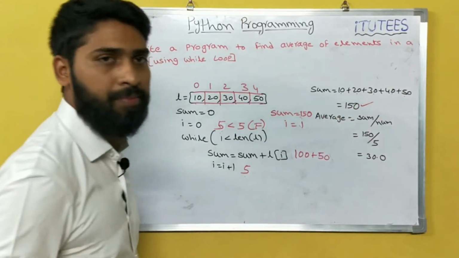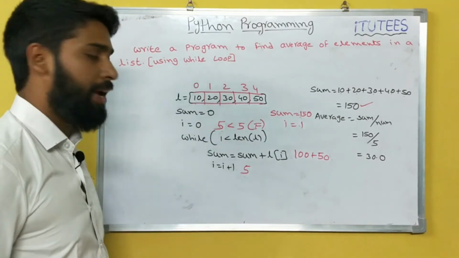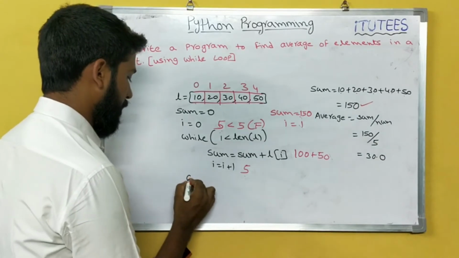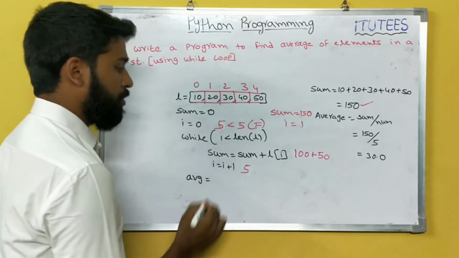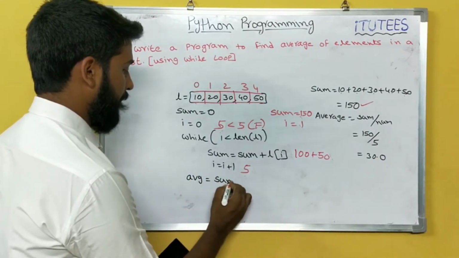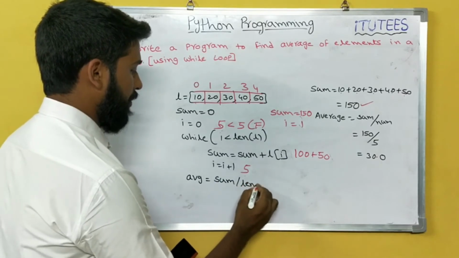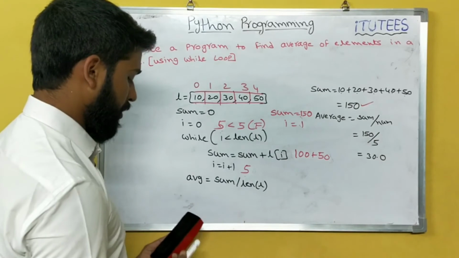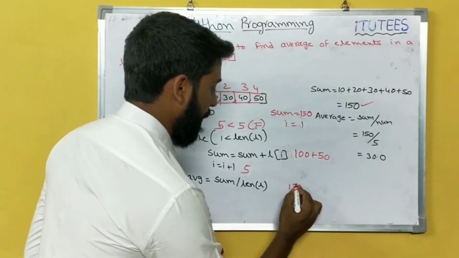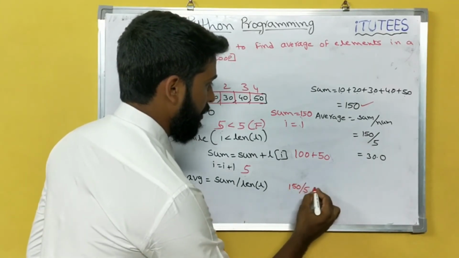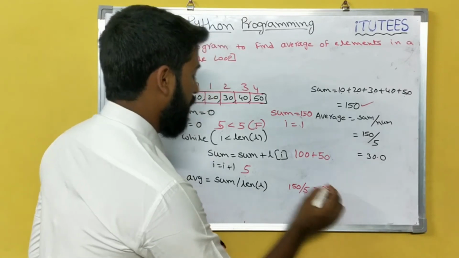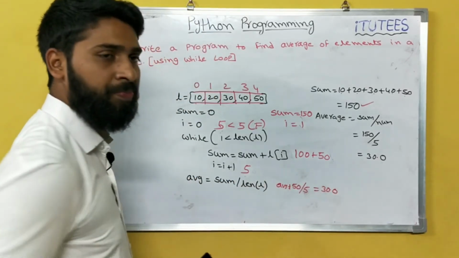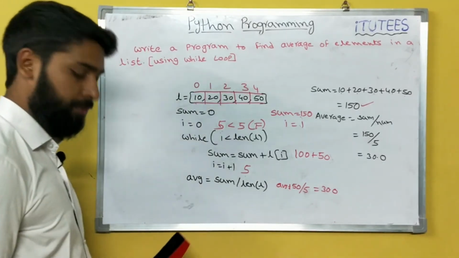What is the sum value? 150. Now we are going to find the average. I am taking a variable avg equals sum by length of L. What is the length of L? 5. So what is the sum? 150 by 5 equals 30.0, stored in avg. Now we can print.